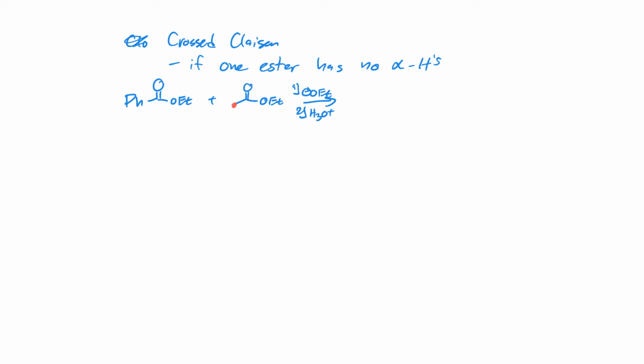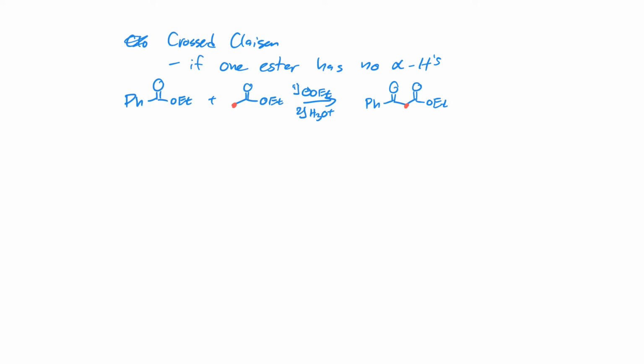That's going to be the nucleophilic carbon, and I would get this set up here. The red dot was my nucleophile. That appears right there. You can see that I've created this new bond through my Claisen reaction. And I have no worries that this molecule here will react as a nucleophile because it has no alpha hydrogens.